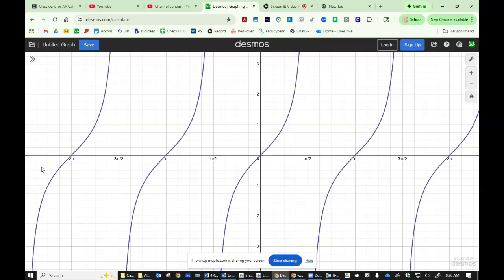Okay, at 90 degrees, or pi over 2, the coordinate point is 0, 1. What's the tangent? It'd be 1 over 0, which is undefined.